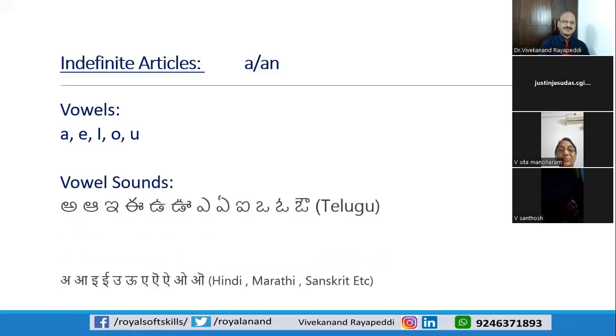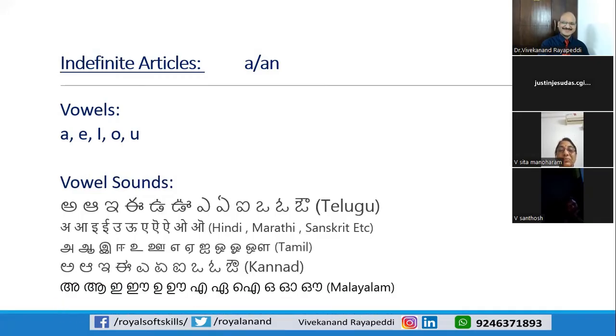Now here are the vowel sounds in all the possible Indian languages: Telugu, Hindi, Marathi, Sanskrit, Tamil, Kannada, and Malayalam. These are the languages I have seen. If you wish, you can take a screenshot of it also. Whenever a word starts with any of these sounds, hereafter you need to use an before that.